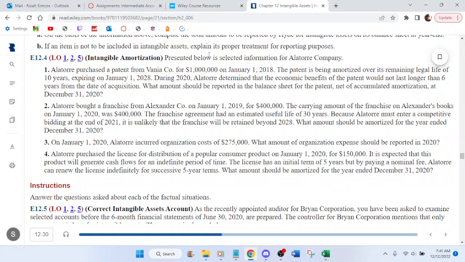Oh yeah, and impairment of intangible assets is going to be kind of annoying to deal with. Because I'm going to get confused which test is supposed to be used to test for impairment. I think the test for impairment depends on whether it's limited life or indefinite life.